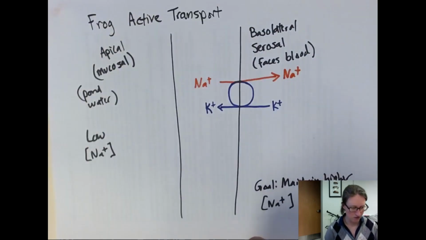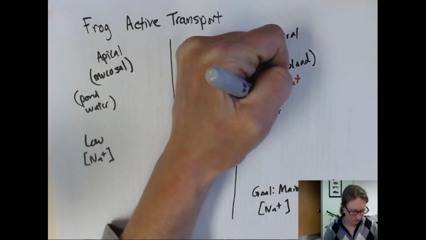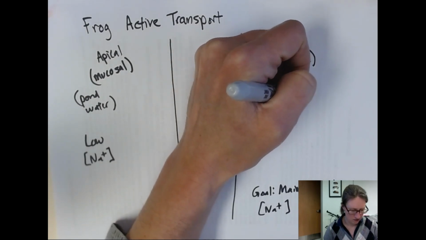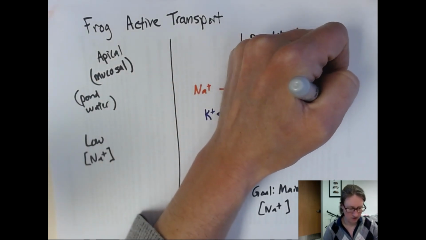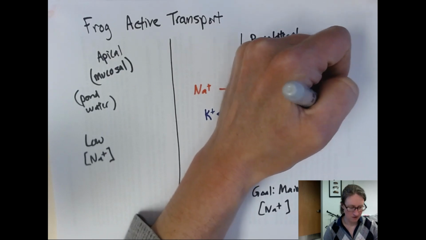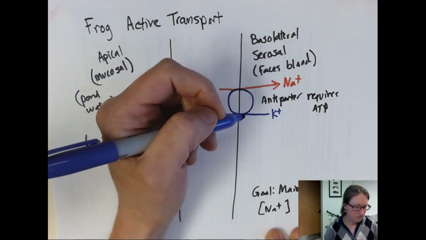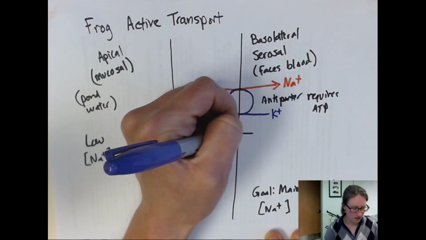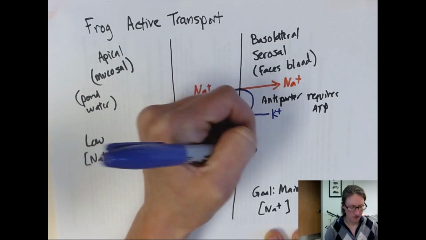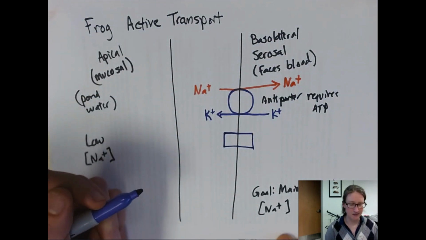So this is an antiporter that requires ATP. Okay, so we've got that present. Along with that, then, the thinking is that on this serosal surface, there's also a set of potassium channels.